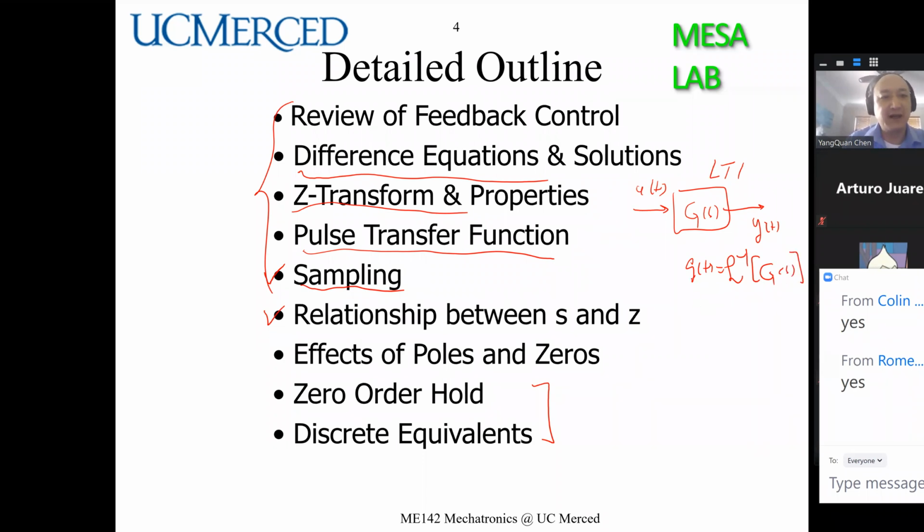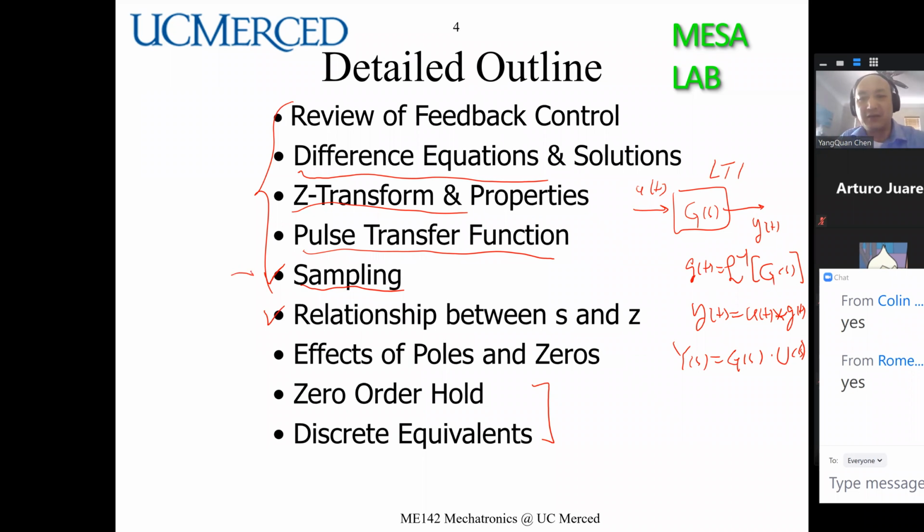If I have g of t, then for any given u of t, y of t is u of t convolved with g of t. In the Laplace transform domain, Y of s is G of s times U of s. So all these are continuous time domain things.